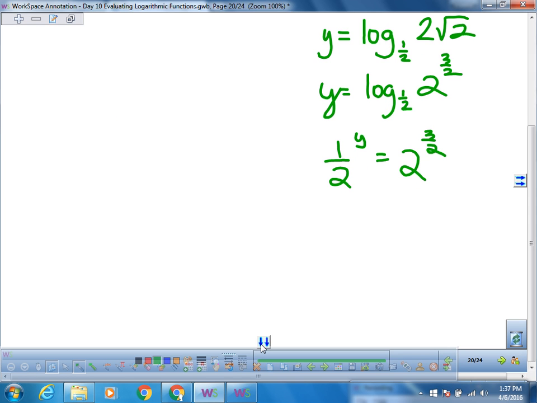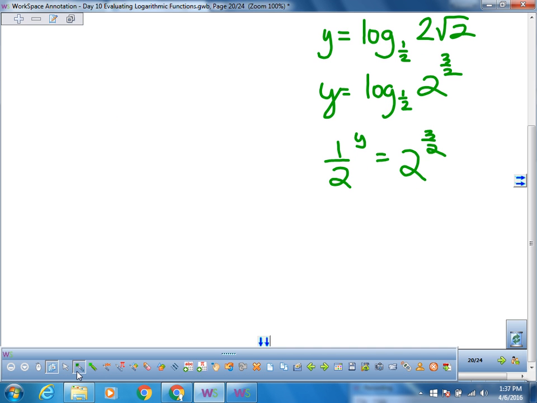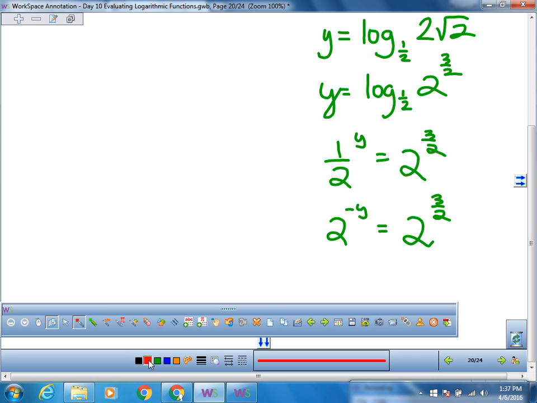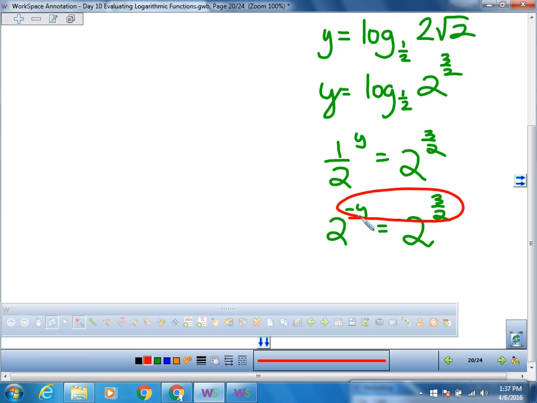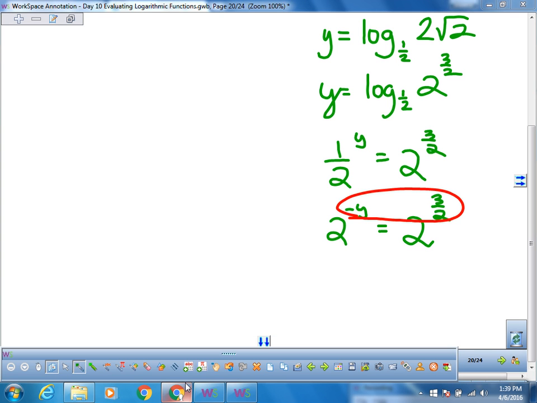Even harder than one here on your homework. How can I change this so it looks like this? Make it negative, so this is going to be 2 to the negative y equals 2 to the 3 halves. Is it that hard now? Okay, that's the hardest one.